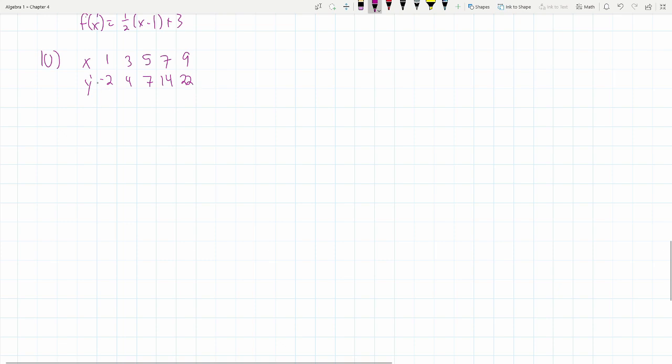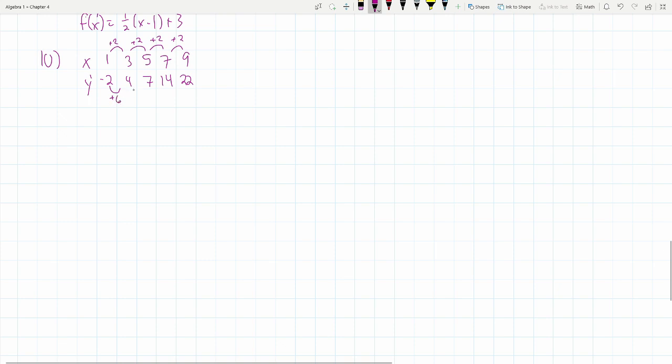Okay. So I'm going to start kind of going through this. How much am I changing each time? On my x's, I go up 2, I go up 2, up 2, up 2. Okay, now I'm going to check my y's. To go from negative 2 to 4 is plus 6.